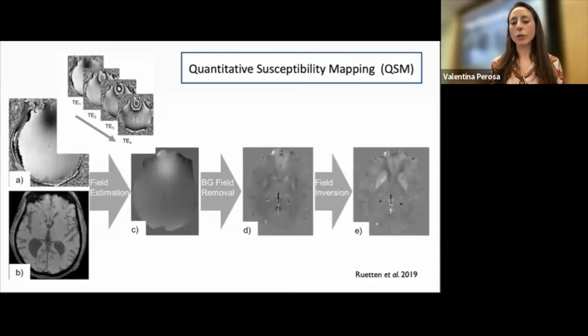There is a whole post-processing method that I'm not going to go into, but it combines the magnitude and the phase images from a multi-echo T2 star weighted sequence in order to achieve this final map, which gives us in each voxel and in each region of interest the actual quantitative value for susceptibility in parts per million. So that's what QSM is.